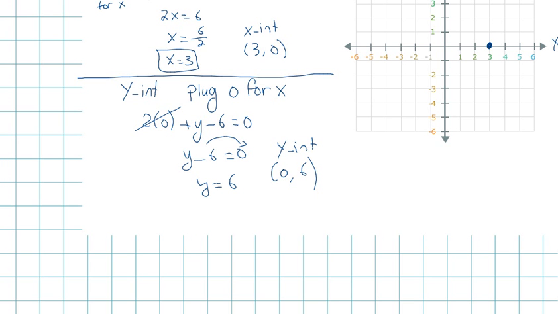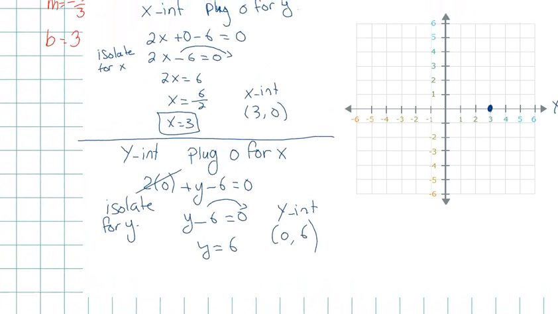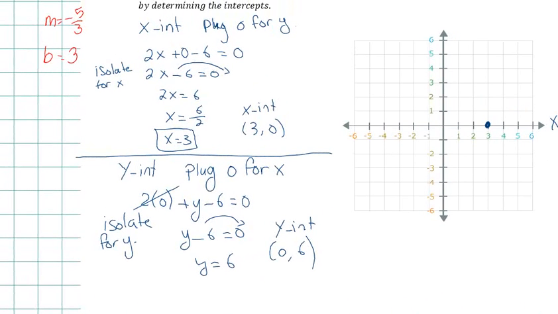So my point is going to be right here, because it's a y-intercept, so 0, 6. And if I'm going to graph a line, this is my line.